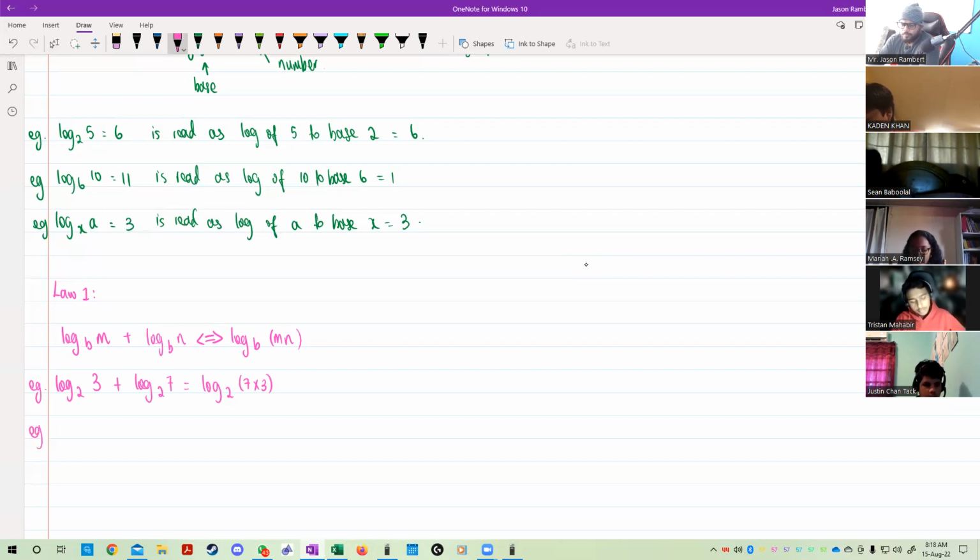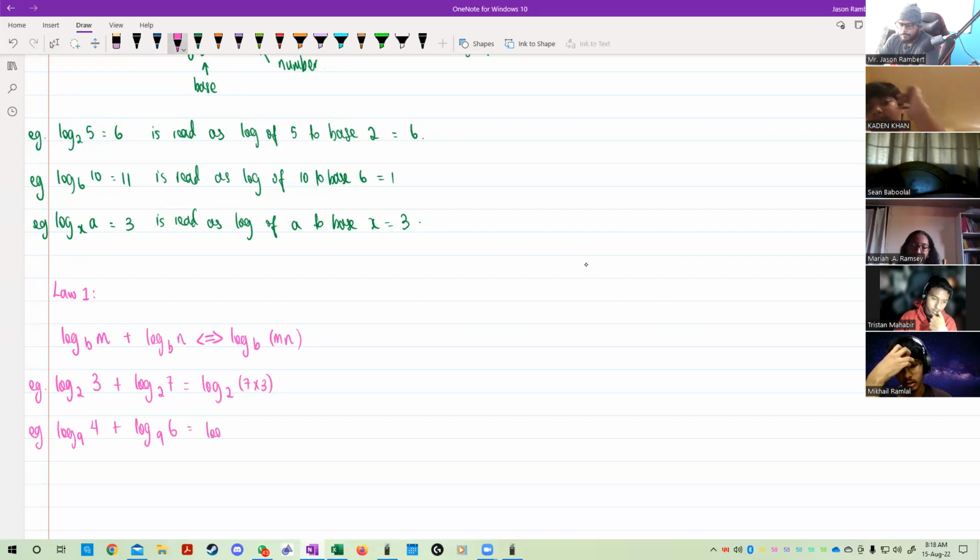Another example, if I have log of 4 to base, let me say 9, plus log of 6 to base 9, this is equal to log of, and I'm not writing down the calculation, I'll just put 24 to base 9. Agreed? I'll do the reverse of the law in the same breath.